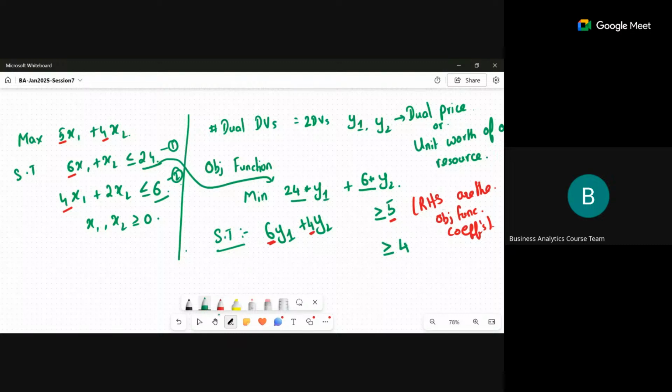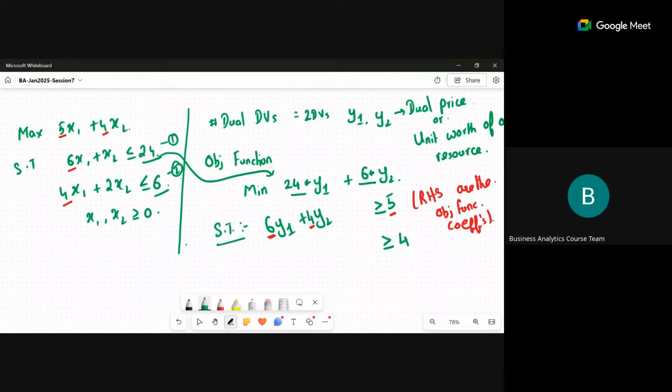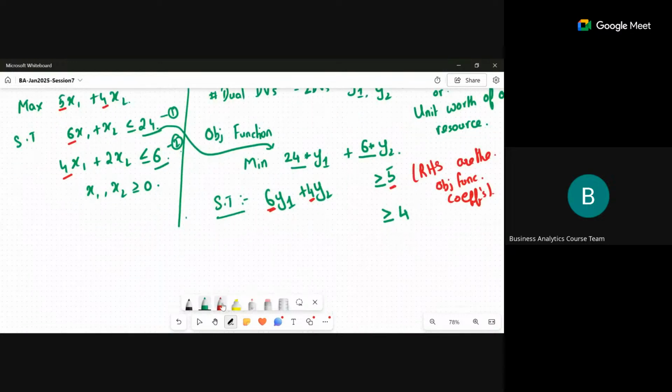Your LHS are the constraint coefficients corresponding to a specific x.